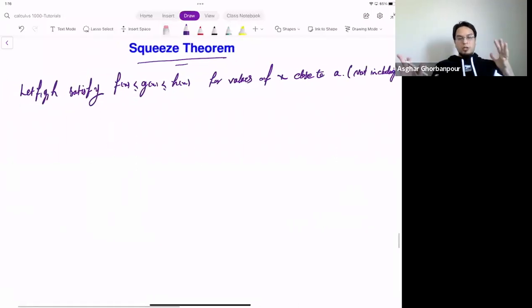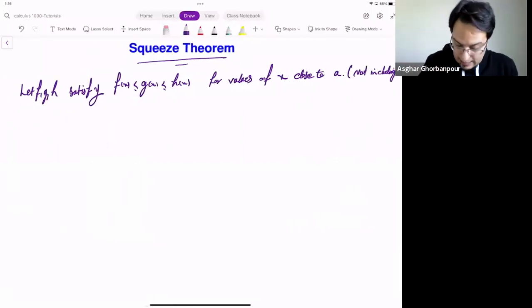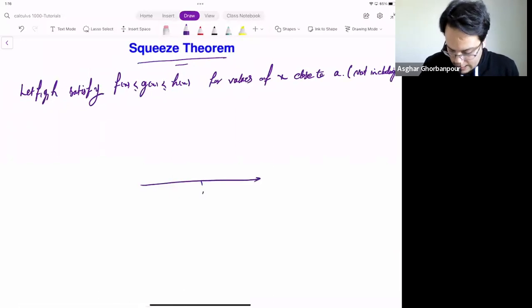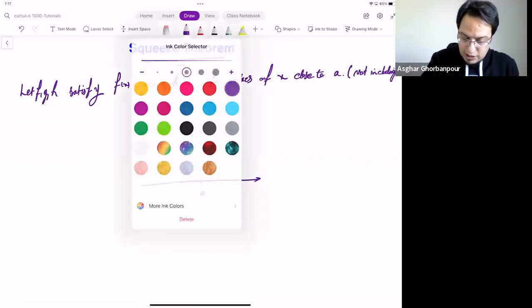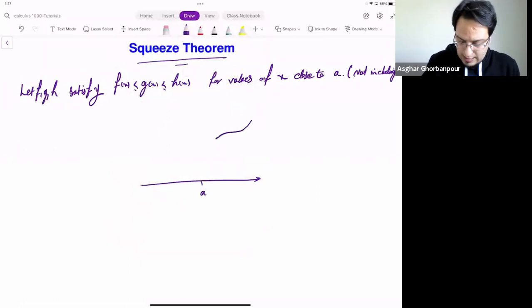So when we get closer to point a, for the function g, I don't know what it is, and I don't want to think about the value of the function at point a.